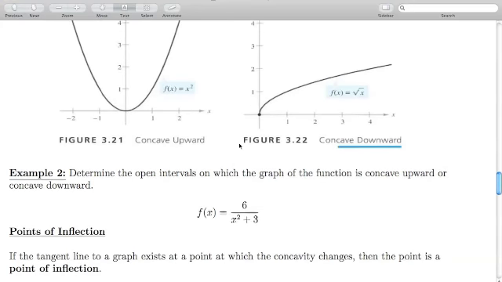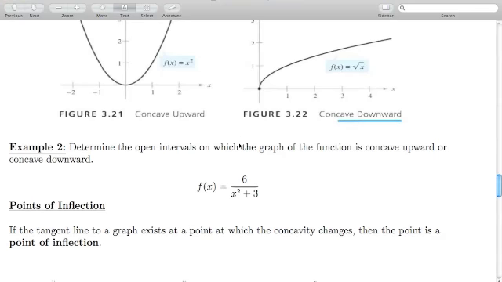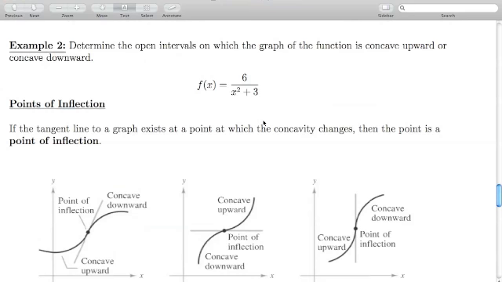In other words, the curve is opening downward. Okay, so with example 2, it says determine the open intervals in which the graph of the function is concave upward or concave downward.